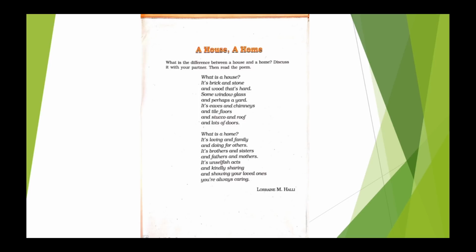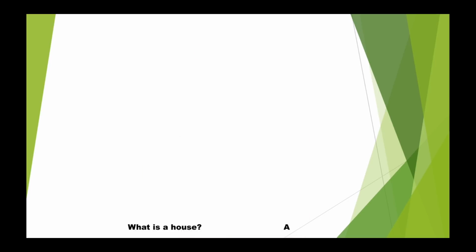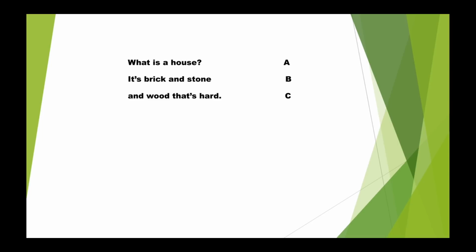So let's see the first line. What is a house? So we will label it as A. It's brick and stone. B. And wood that's hard. C. Some windows and glass. D. And perhaps a yard.